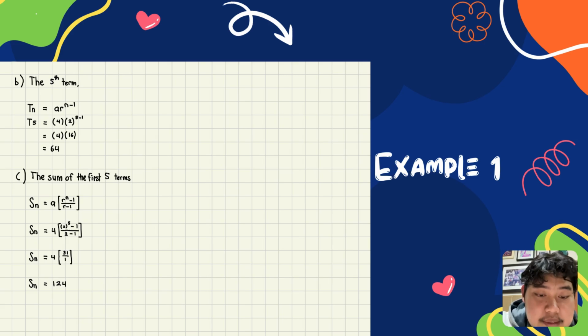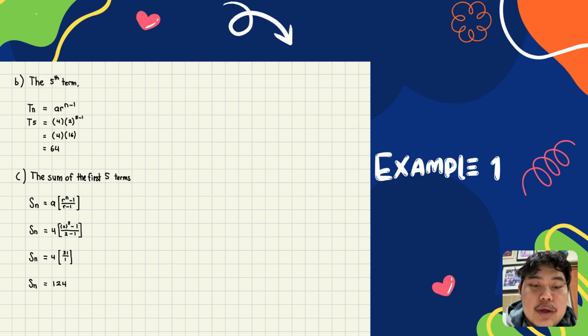So for part B, they ask for the fifth term. So basically, you need to use the formula for the nth term. So you use Tn equals A R power of n minus 1. So we got the fifth term.